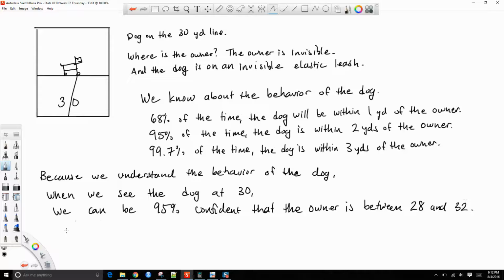Okay, so the owner could be very far, like could be at 26, or some other place far from the dog.